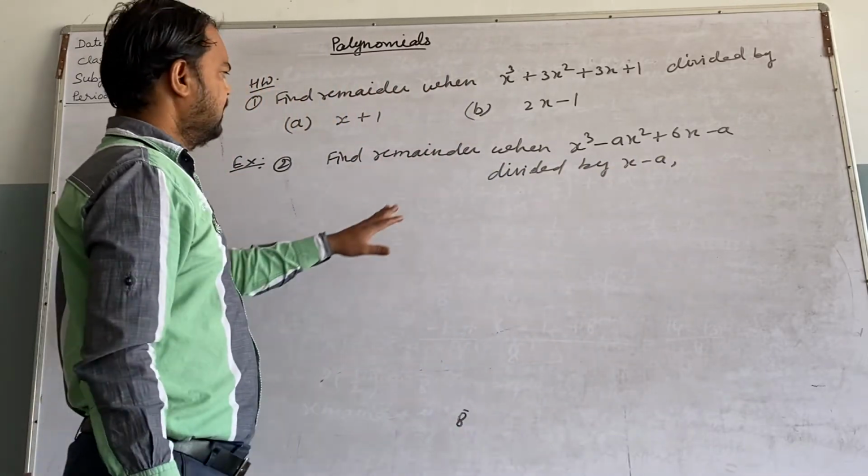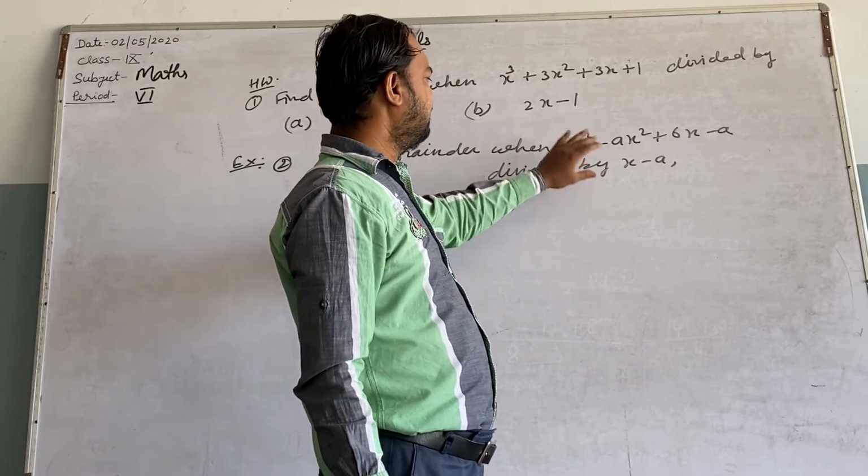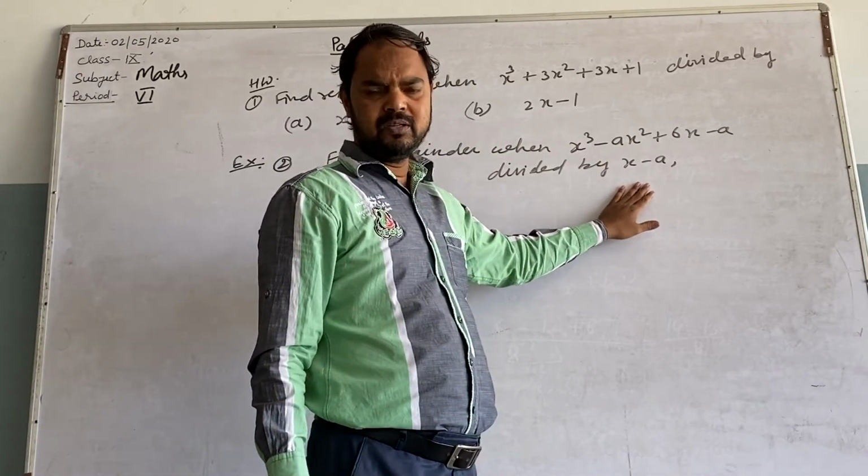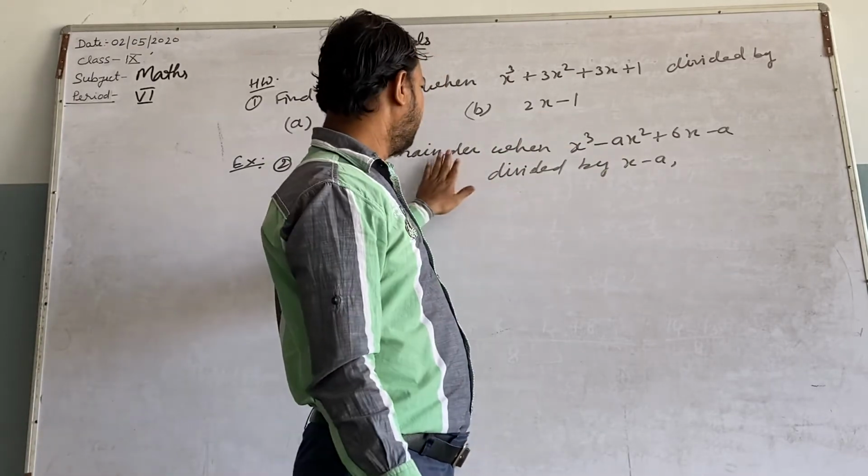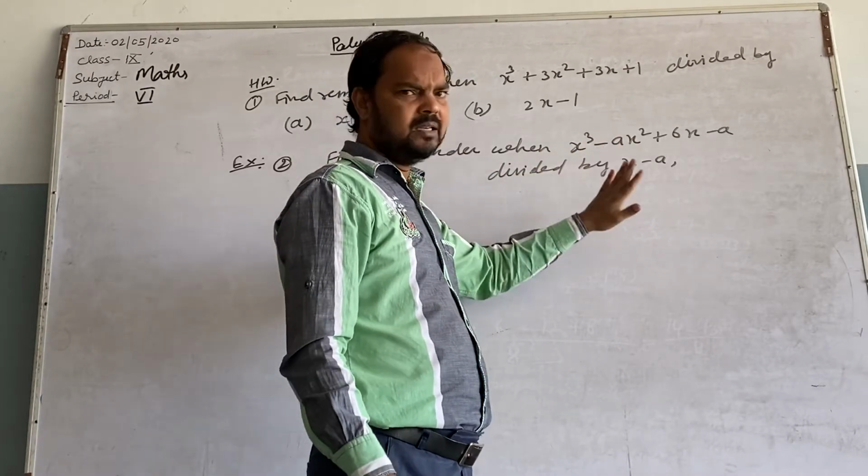Question is, this polynomial when divided by x minus a, we have to find out the remainder.